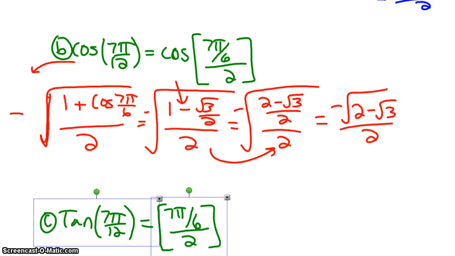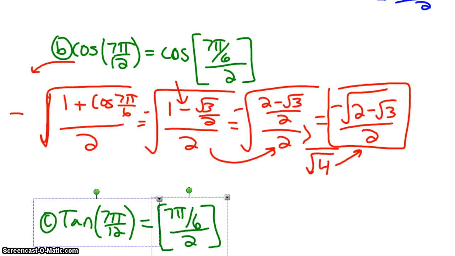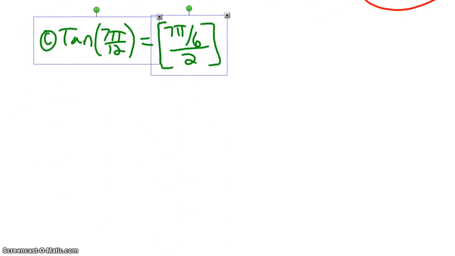Now remember, that will be gotten because these two will give me a 4 in the denominator, and that will give me my 2. So just remember, this is a nice solution for us. We could, again, write it as -1/2 times the radical of 2 minus radical 3. So there's our alternate.